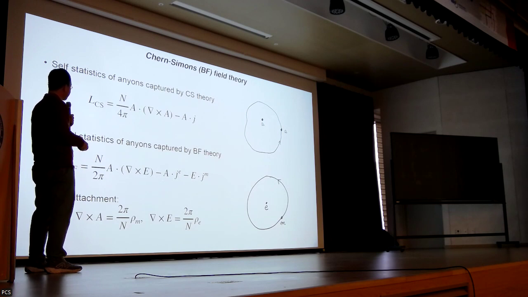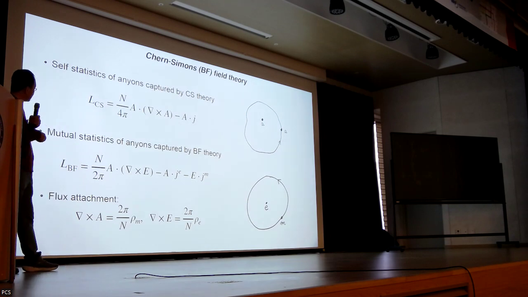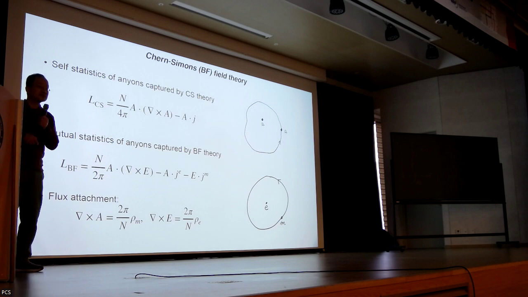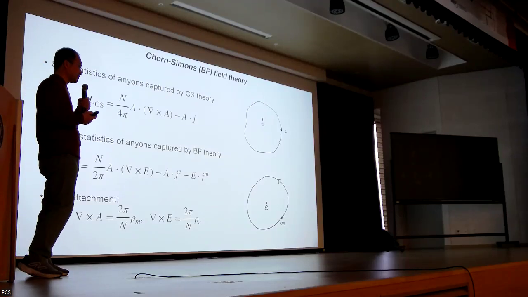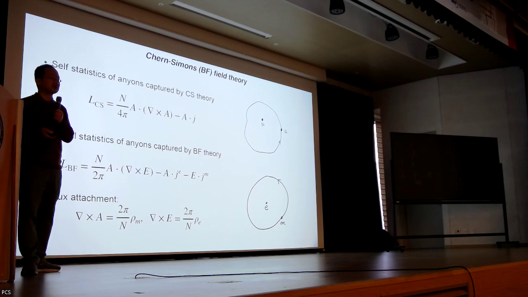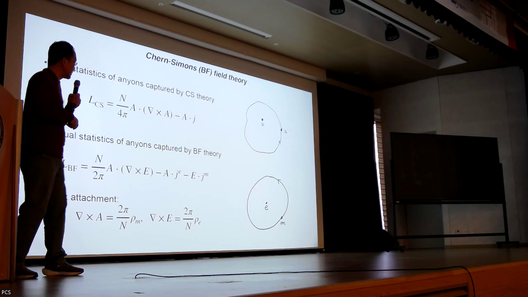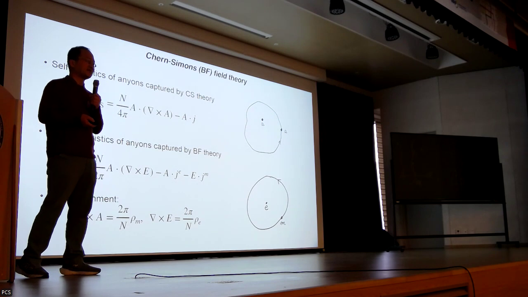And these 2 gauge fields form an action, which is known as the BF action. By working out the equation of motion coming from this action, you derive just 2 different flux attachment conditions, which tell you that E braiding around M results in some fractional phase, and M braiding around E also results in the same fractional phase. And the lattice realization of this phenomenon is, of course, the famous Kitaev model.